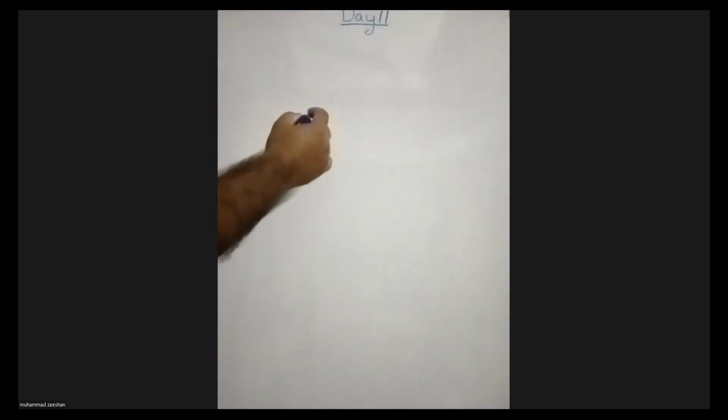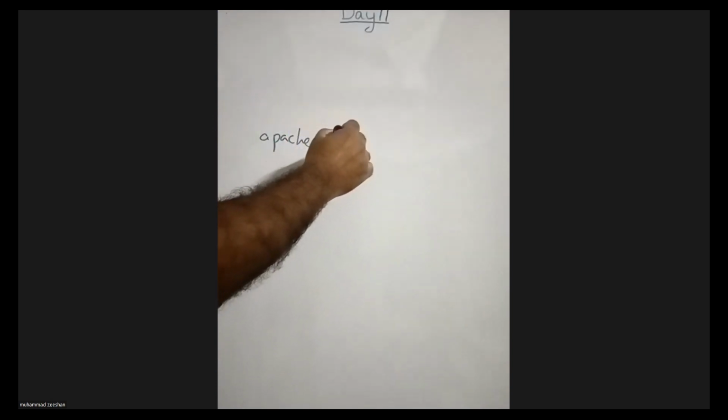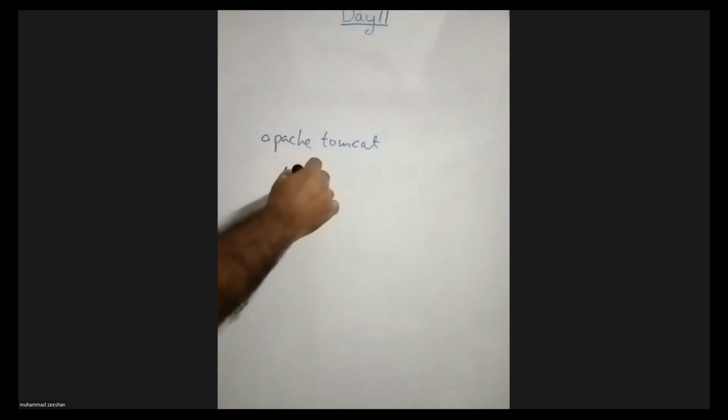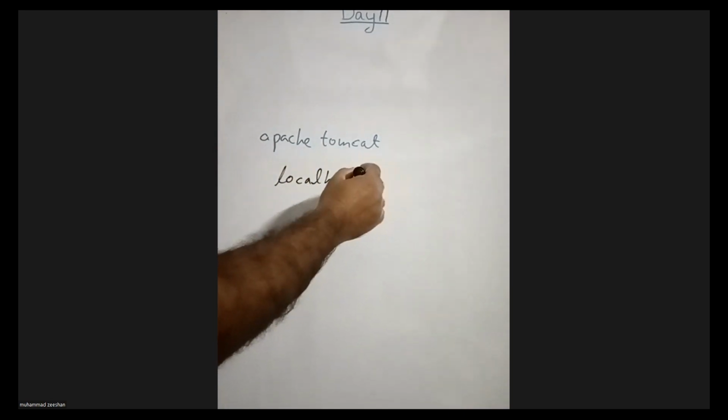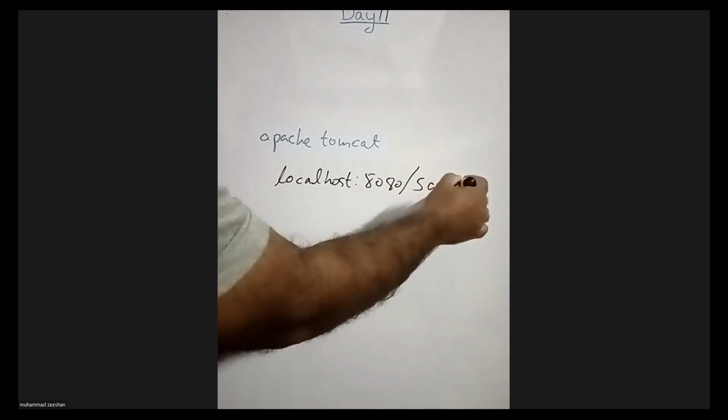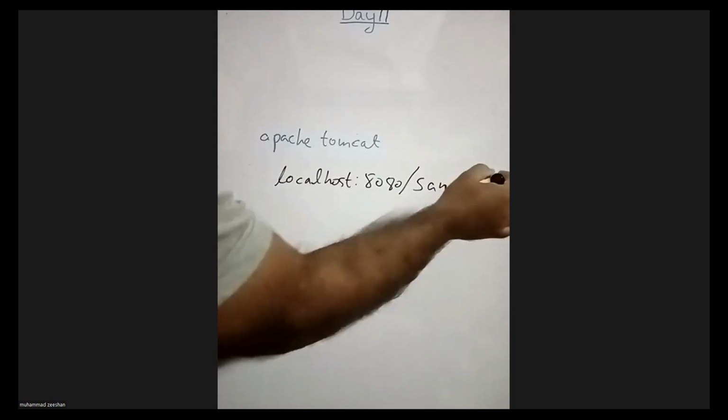So we have Apache-Tomcat running, and how it is serving the page is localhost:8080, the default port, and then /sample. Do we agree till here?